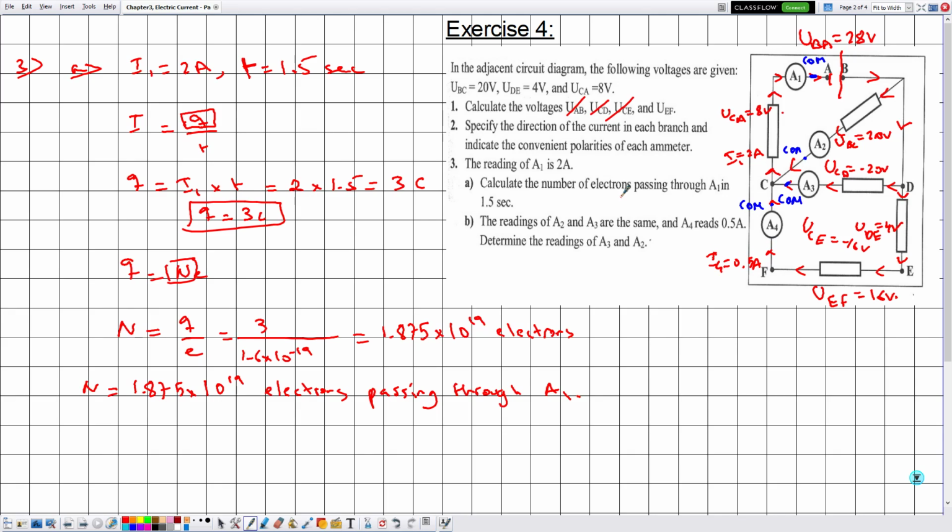Okay, so let me modify the question and let it be like this. The reading of A2 is the same, and A4 reads 0.5 amperes, and we are only interested in the reading of A3.